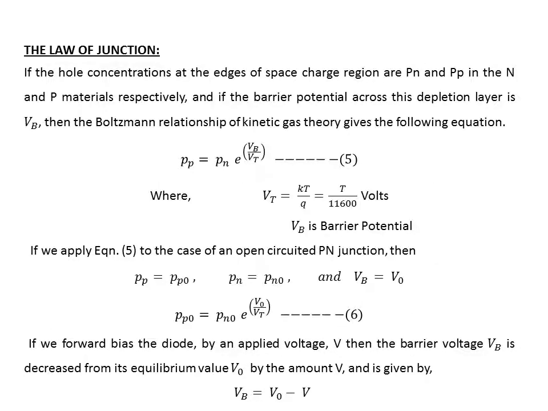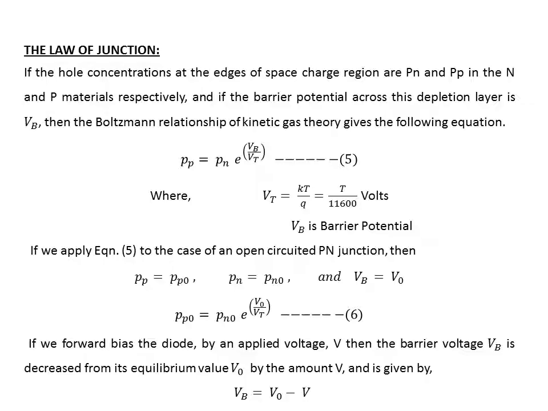The law of the junction. According to the Boltzmann relationship of kinetic gas theory, Pp equals Pn into e power Vb by Vt, where Pp represents the hole concentration in the P side and Pn represents the hole concentration in the N side.